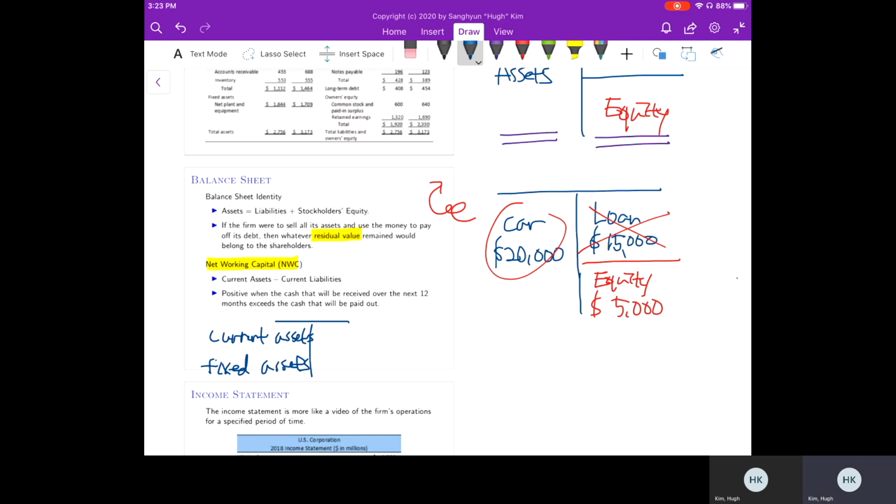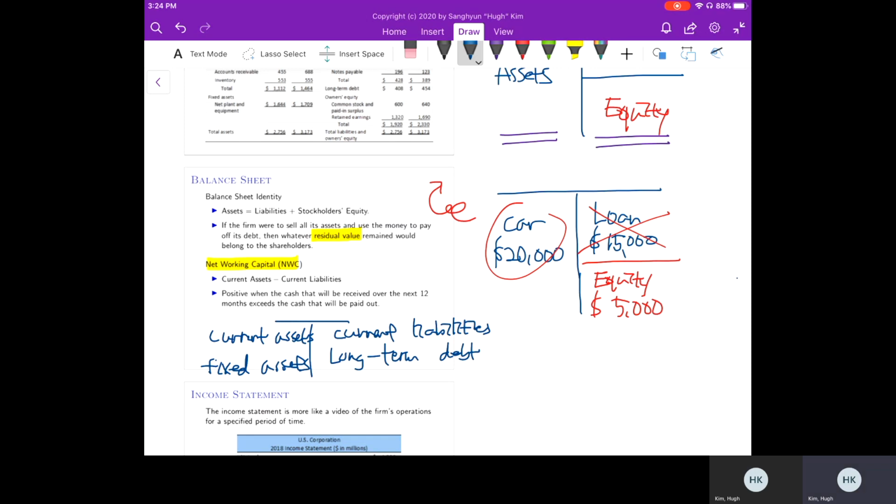And liabilities also have two types. Current liabilities and long-term debt. Current liabilities must be paid off within 12 months. So it's short term.